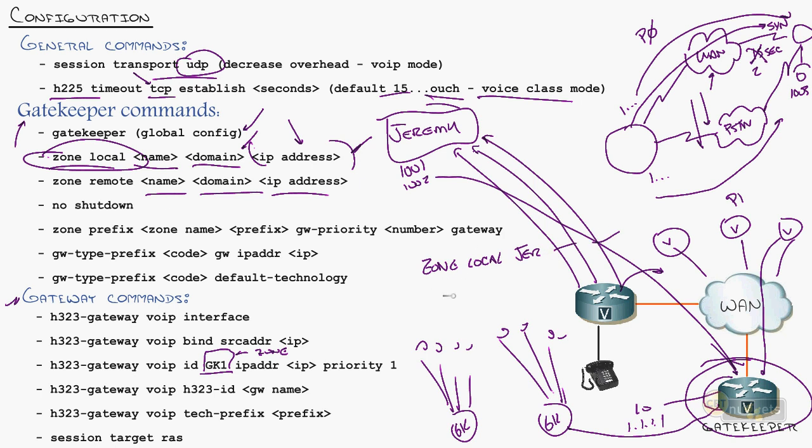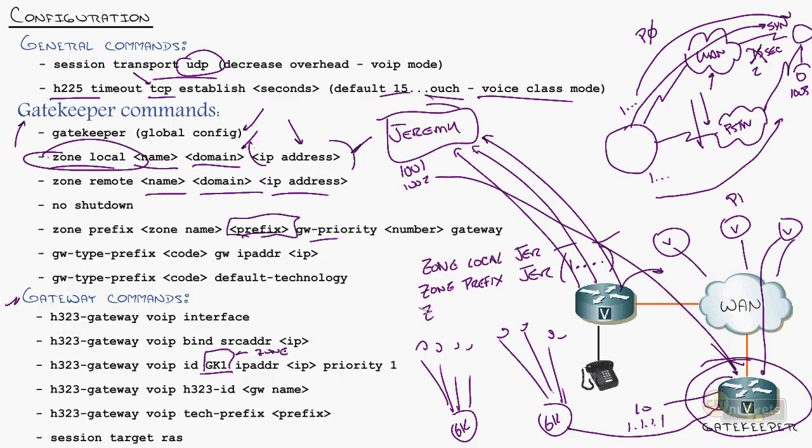Then I would go in and say the zone prefix associated with jar is going to be, let's just say 1 dot dot dot dot. So that'll be any 5-digit number beginning with the number 1. So those are all associated with, and you can see I type in the prefix and I say let me talk about the gateway priority and all that in just a moment. But for now, I'm associating the prefix with that zone.